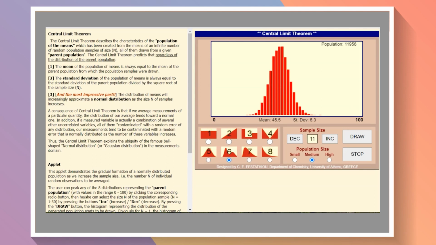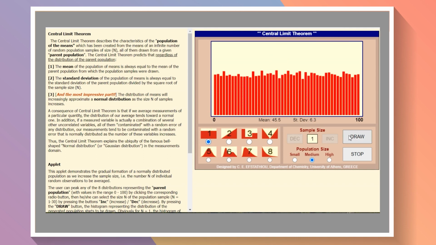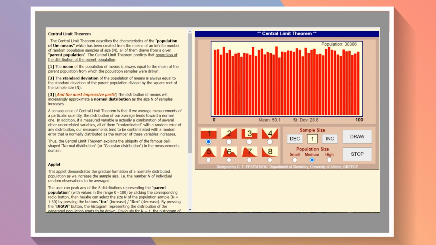demonstration. The demonstration is on the characteristics of the population of the means, which has been created from an infinite number of random samples drawn from the parent population. The diagram here is that of the parent population with 8 options given, and if we click on the first one and draw, the shape takes that of the parent population.